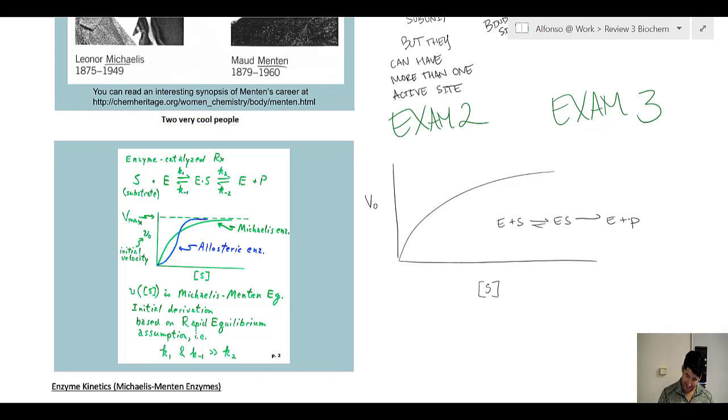All right. Okay, so what you have here is an enzyme with a substrate forming the enzyme substrate complex, and then enzyme plus product. All right, so this product right here, it doesn't matter what it is.